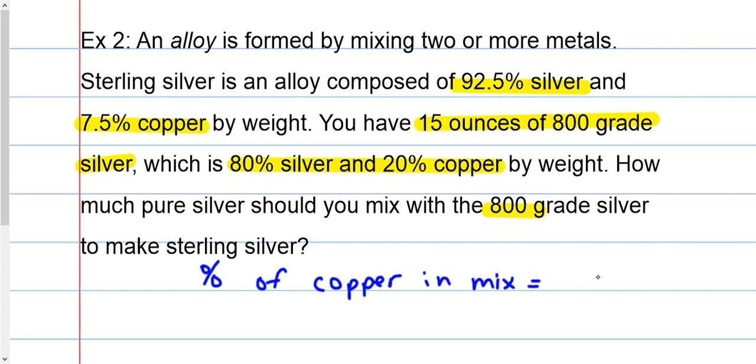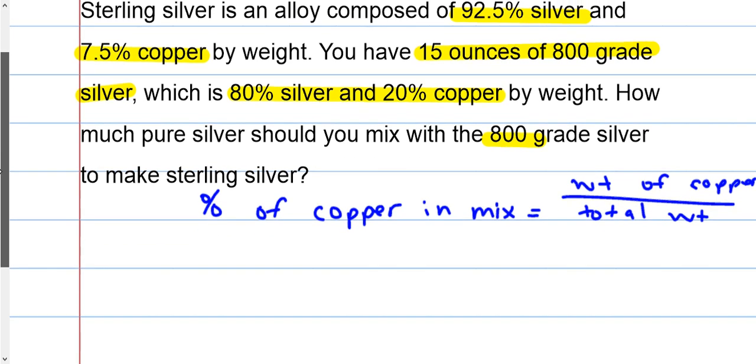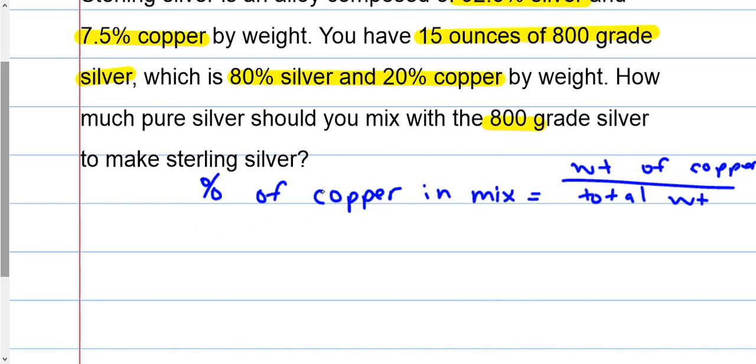And that's going to equal the weight of the copper divided by the total weight of the mixture. Okay, so given that, my percent of copper, if it's 7.5%, that's going to be 7.5 out of 100.